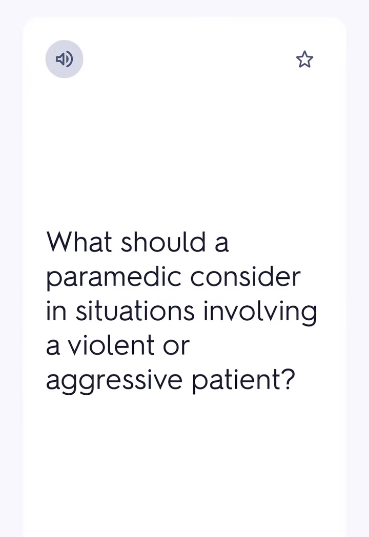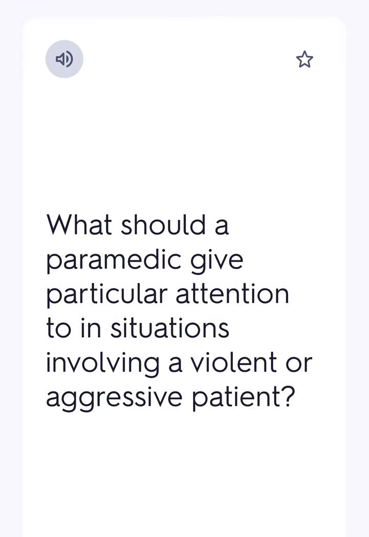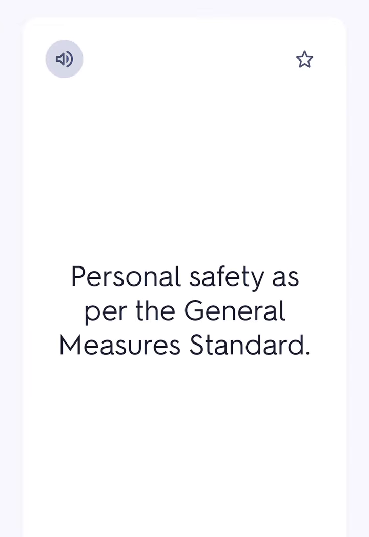What should a paramedic consider in situations involving a violent or aggressive patient? Underlying organic disorders. What should a paramedic give particular attention to in situations involving a violent or aggressive patient? Personal safety as per the General Measures Standard.